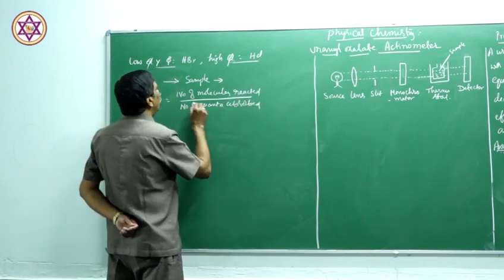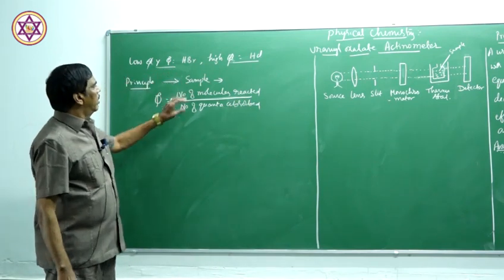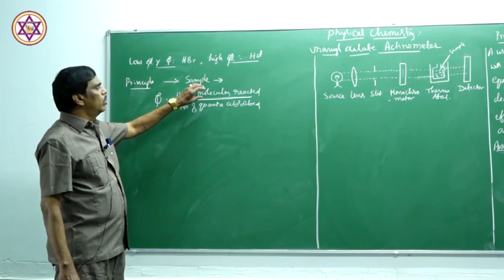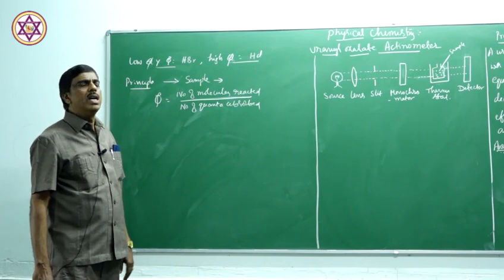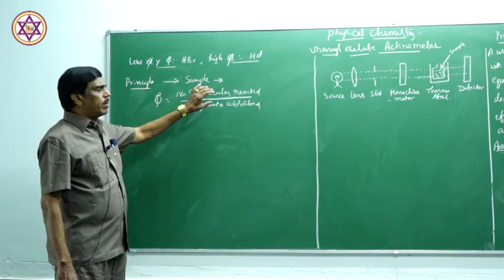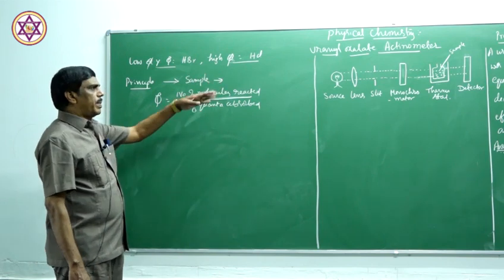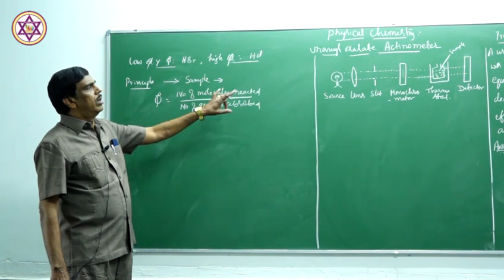To measure the number of molecules reacted, we take in the beginning a known concentration of the solution. Here we use an aqueous solution of the substance in this uranyl oxalate actinometer to measure the quantum efficiency. The number of molecules reacted is measured, and the number of quanta absorbed can be read from the detector.